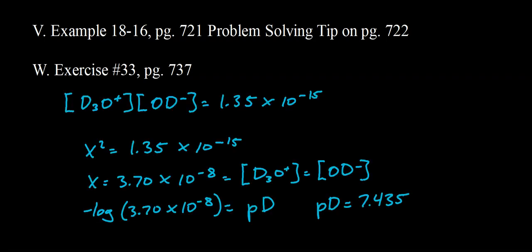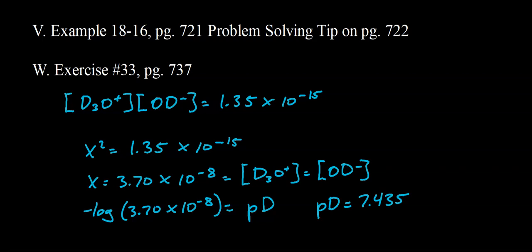So this is just like Kw, what we use with H3O plus and OH minus. We're using D3O plus and OD minus. So the K for that reaction given to you is 1.35 times 10 to the negative 15th. And so in just that substance, the concentrations of those ions are the same. So I'm going to use X for them.